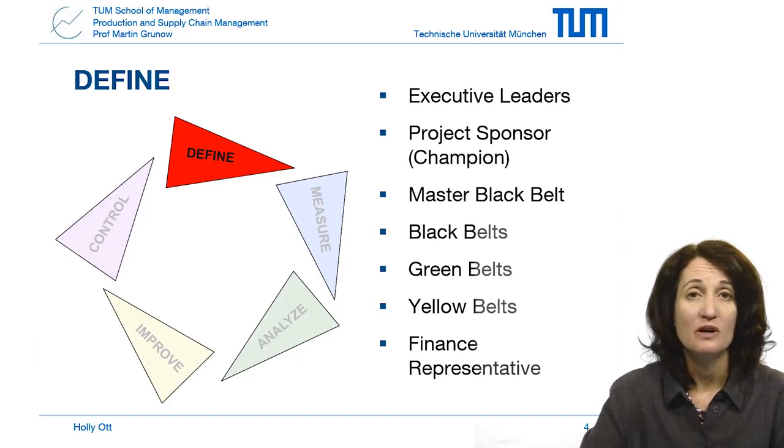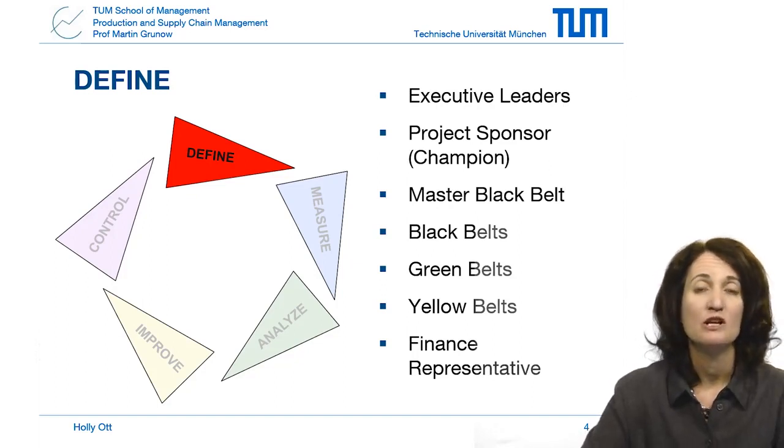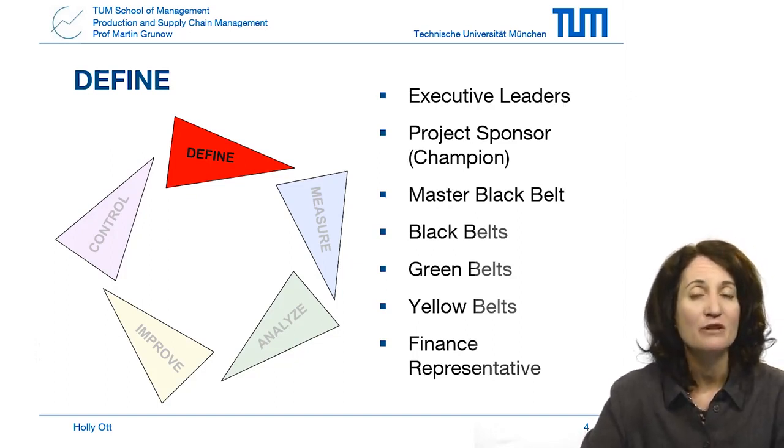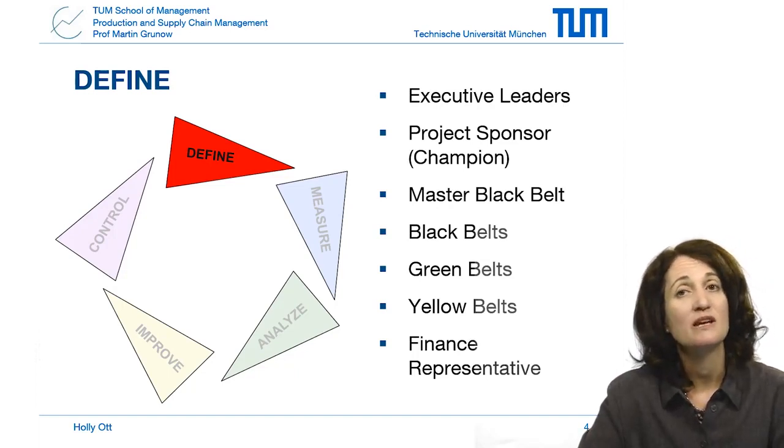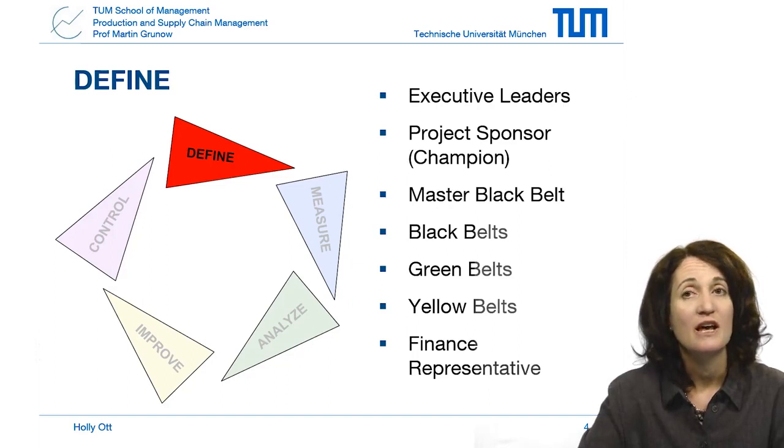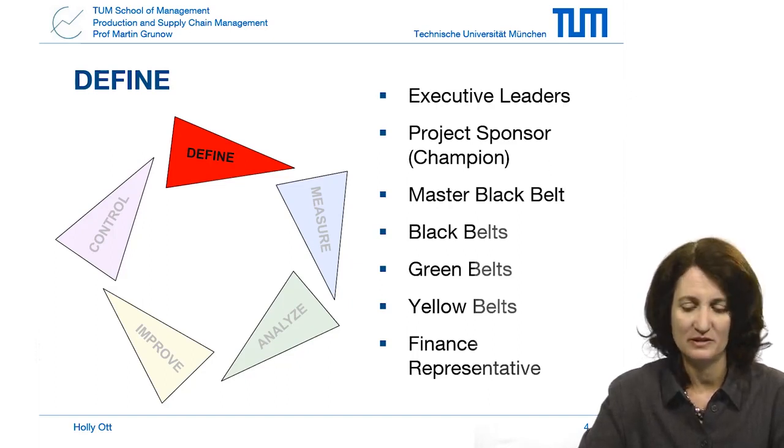The project sponsor, sometimes called the champion, would be the line manager or owner of the process who identifies and prioritizes project opportunities. The project sponsor would then select projects, help provide resources, participate in the project execution, and help to remove barriers.